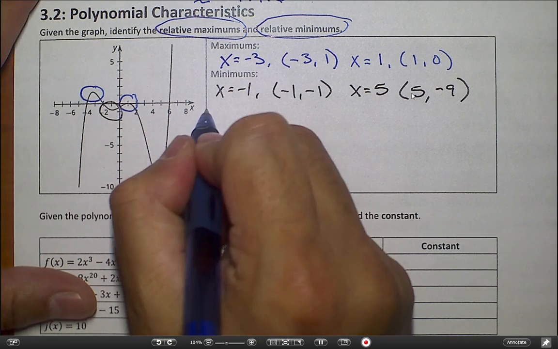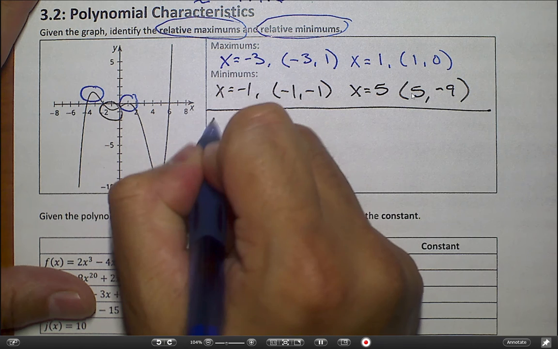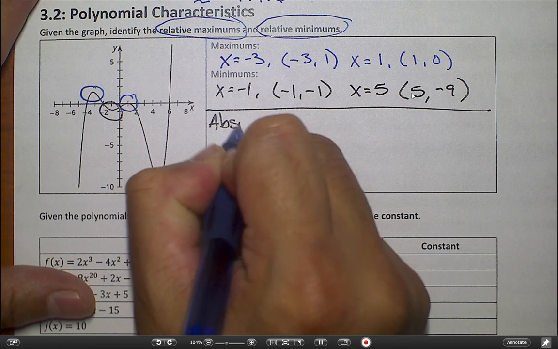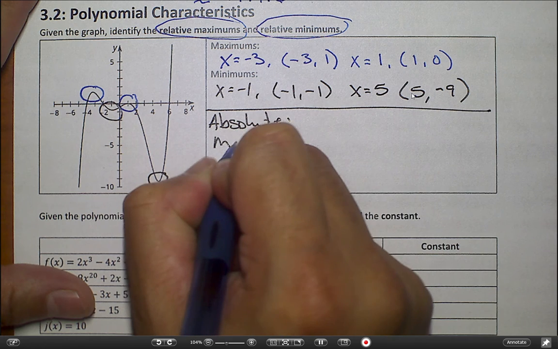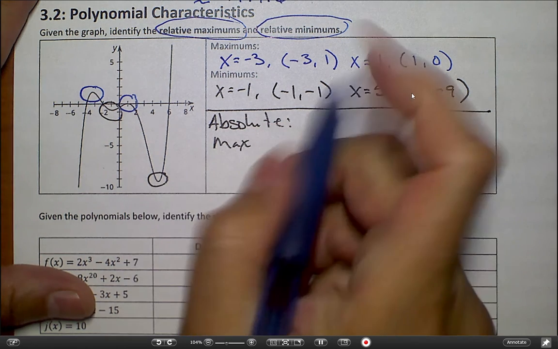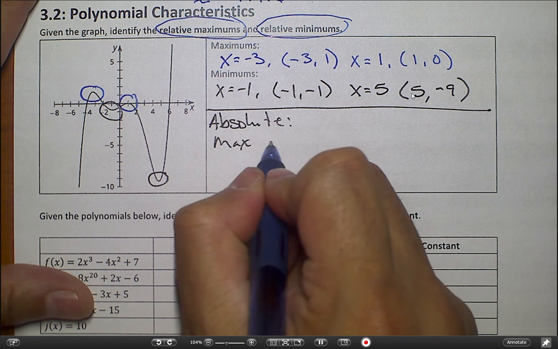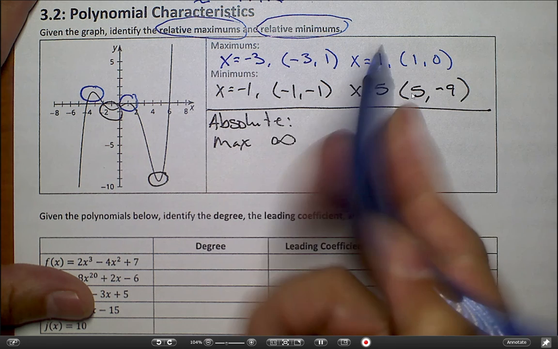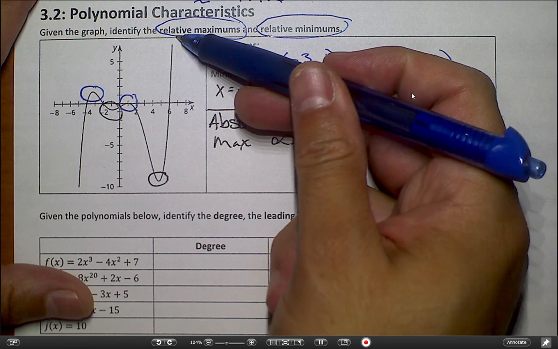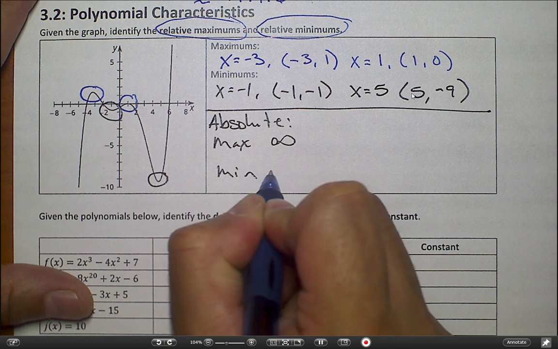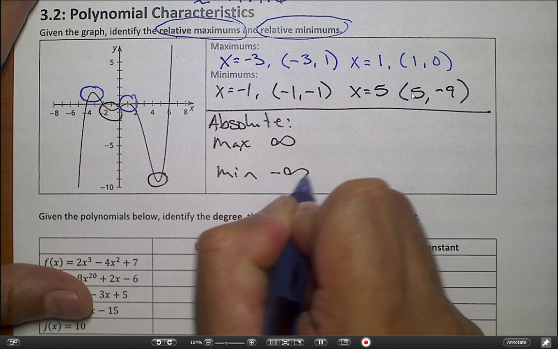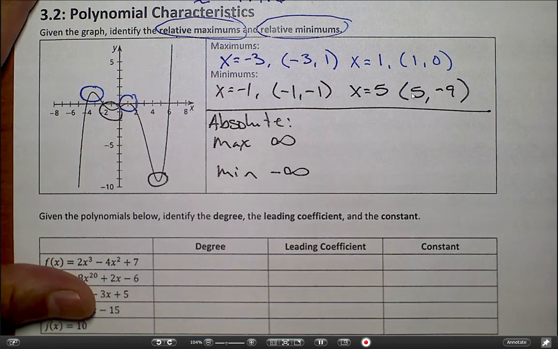Now we're going to talk about absolutes. I'm going to tell you what the difference is. An absolute max is going to go to positive infinity, because this goes all the way up to positive infinity. And an absolute min would go to negative infinity, because it keeps going down right there.